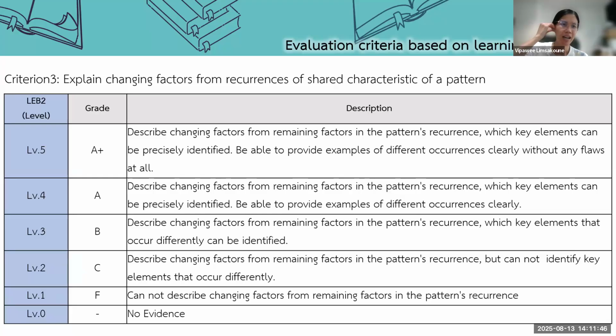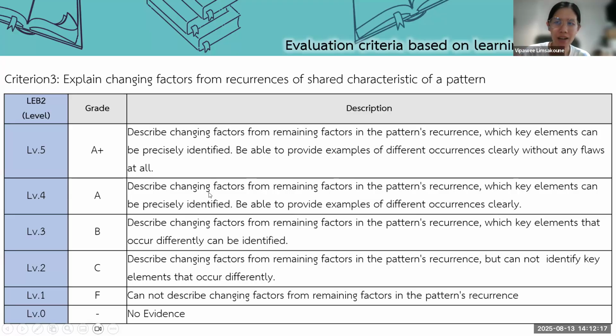Criterion 3, explain changing factor from recurrence of shared characteristic of pattern. It's like explaining the change within the same pattern. And we see whether you describe the changing factor, whether you explain precisely, identify and are able to provide examples of different occurrence clearly.